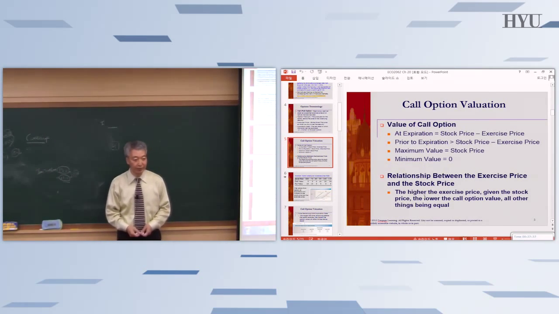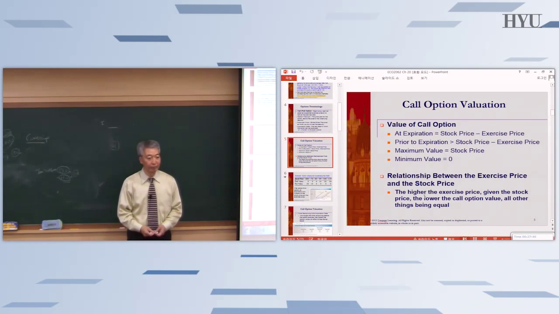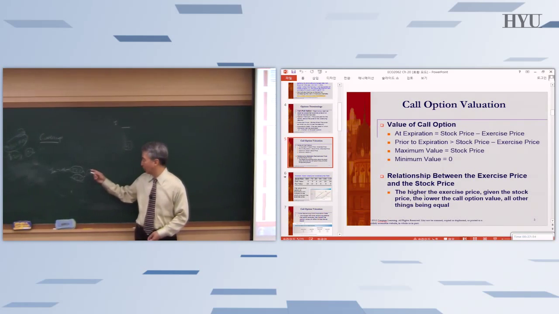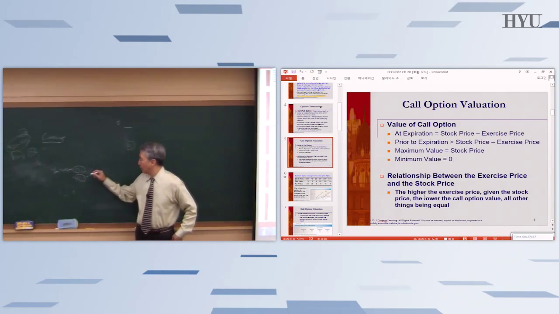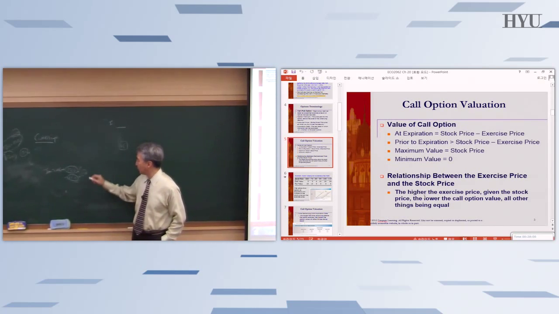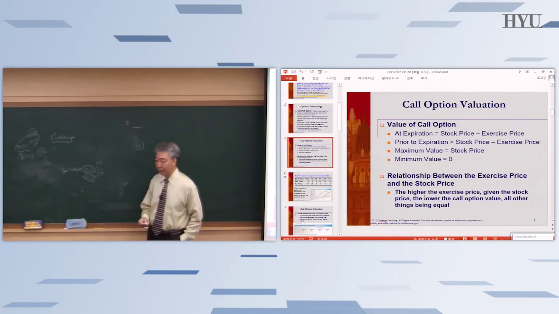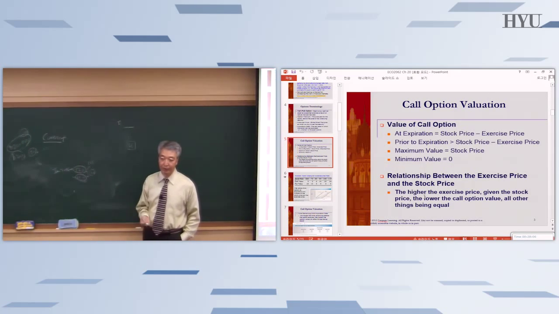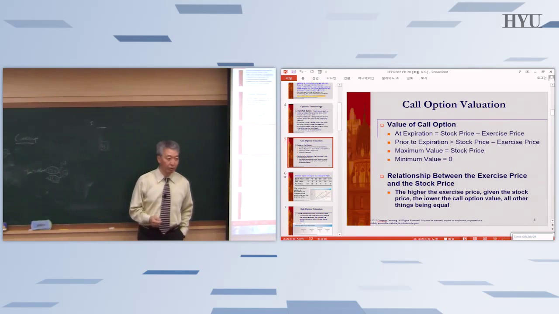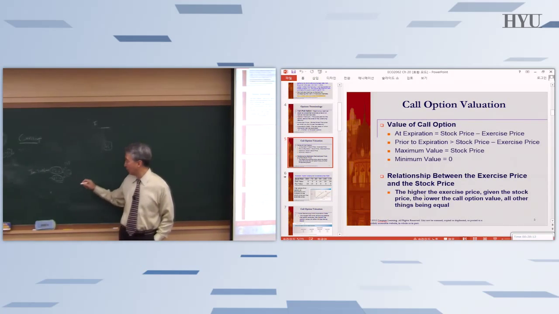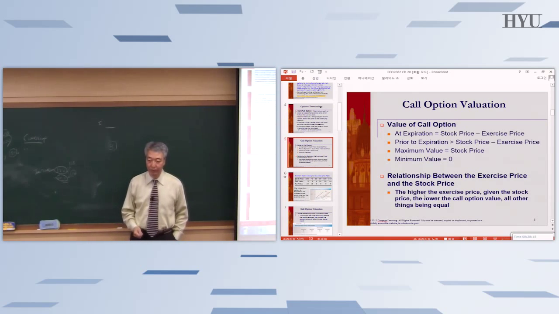Why would you pay $15 for that option? Because the price could rise above $120, starting from now, right? There is a chance that it may go up even above $125, $130, right? If you think that is a possibility, then, of course, you will be willing to pay more than that current difference, right?